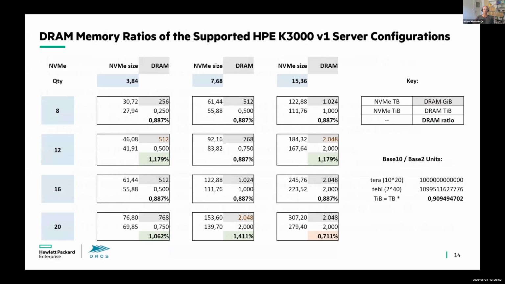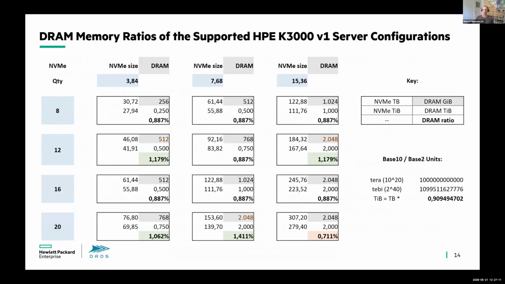If you're looking at what's actually in the systems that we intend to sell as products, at least on the HPE side, this matrix shows on the x-axis the three disk capacities that we will support in version 1 of the K3000 product, and on the y-axis the number of drives that we will support.